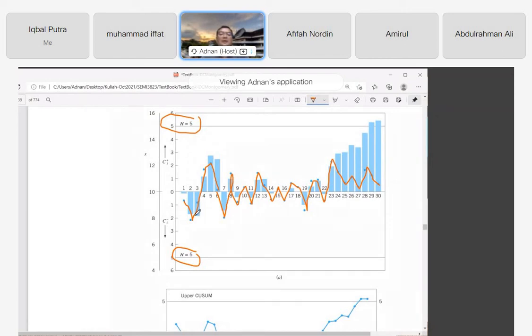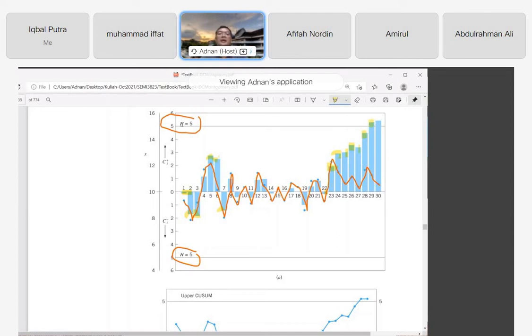But when we change this to tabular CUSUM, the CUSUM is showing this bar value. Up to this point, you don't see anything because it's up and down. But after it is having a problem, the cumulative keeps increasing.